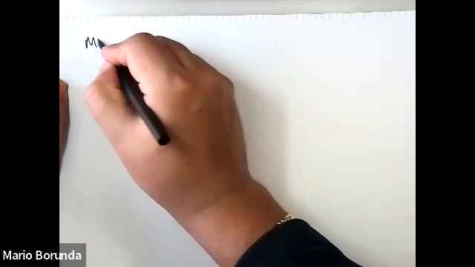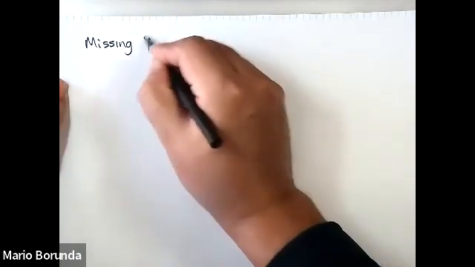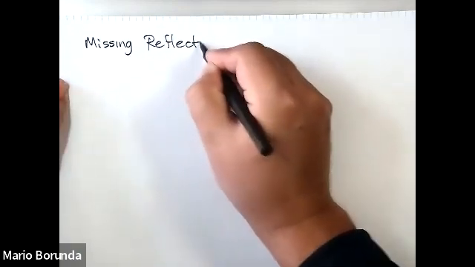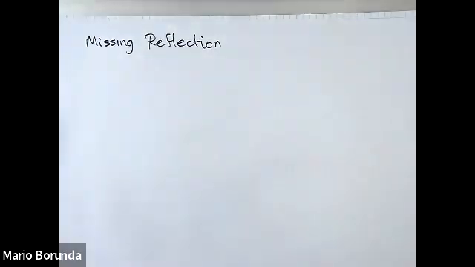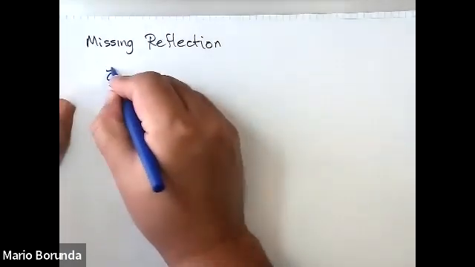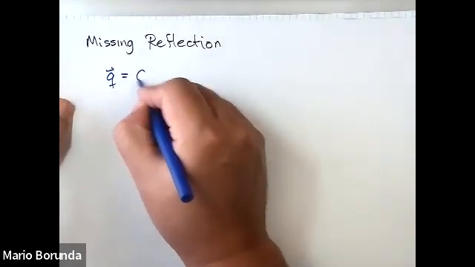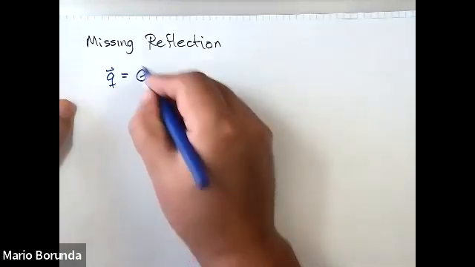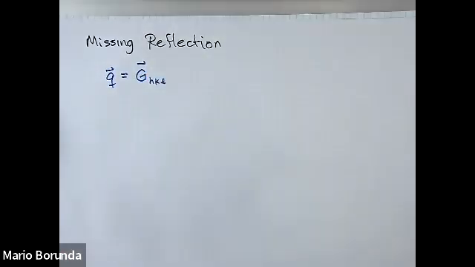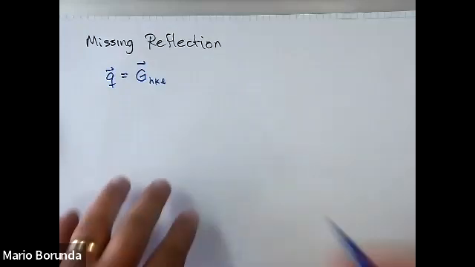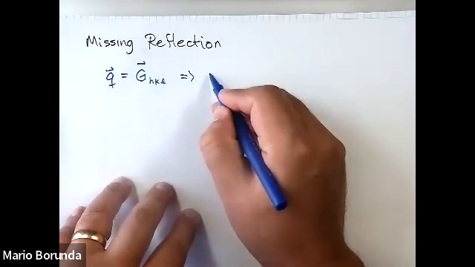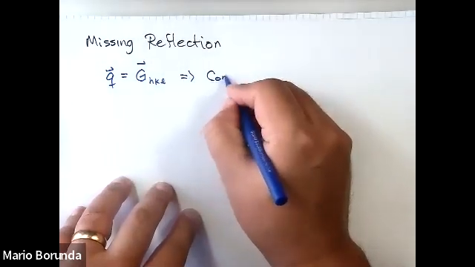So we're seeing reflections that are missing in the X-ray if we have a cubic lattice. So far, what do we know? We know that all Q that are equal to some HKL reciprocal lattice vector produces constructive interference.